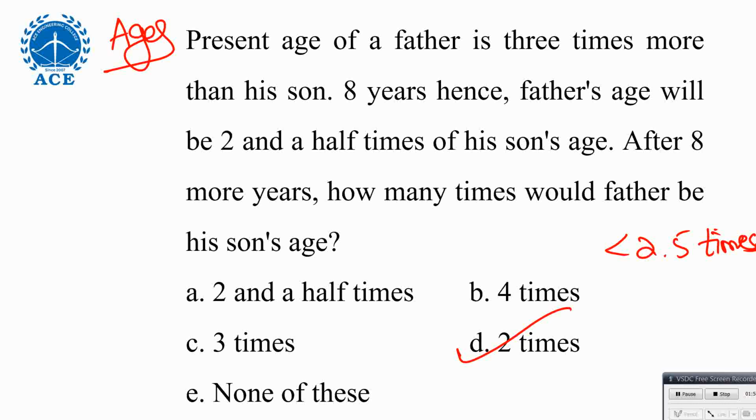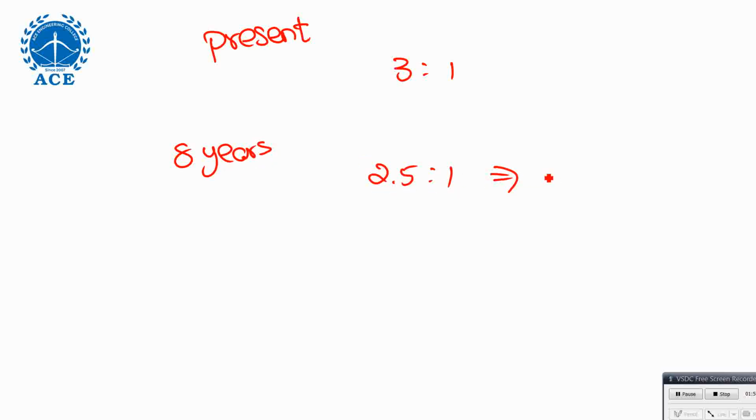But 2 times, 2.5, 3 times, that all will decrease. That's one approach, a logical way. The other thing you can do is from a ratio point of view: 3 is to 1 at present. 3 times means 3 is to 1. After 8 years, 2.5 times means 5 is to 2, I can write.